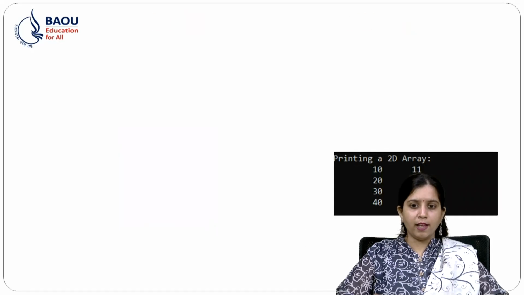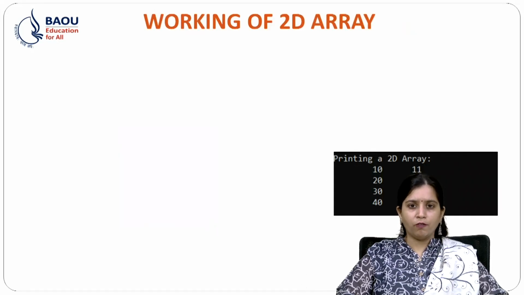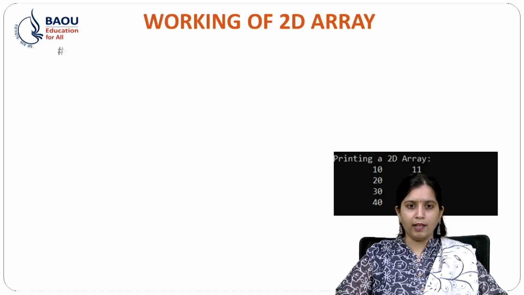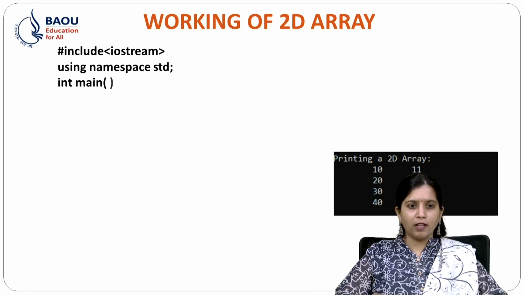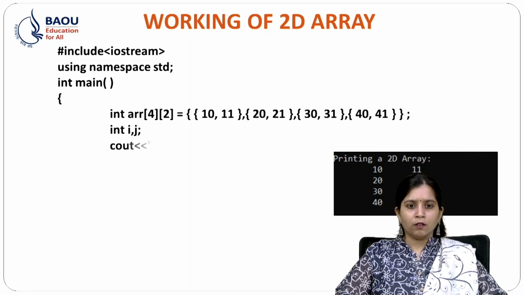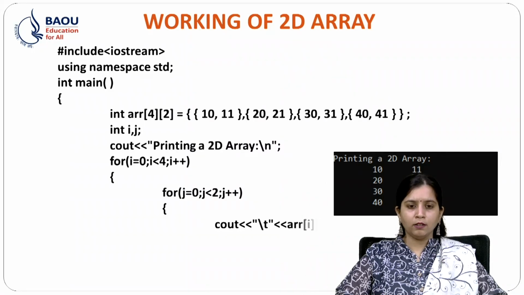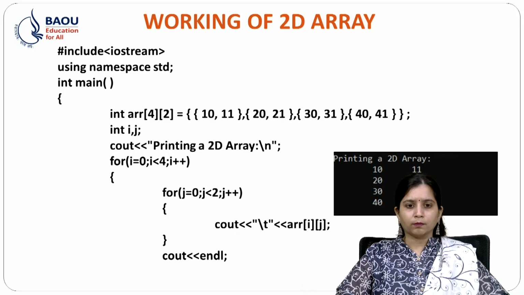So let's see our example of a two-dimensional array. First we will include our iostream. After that, in int main, first we have initialized our array.